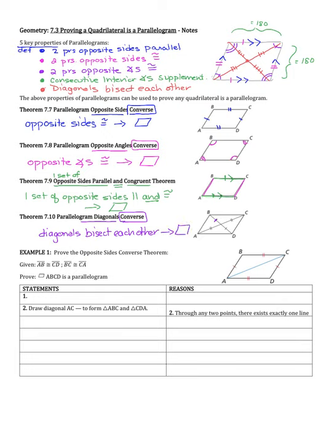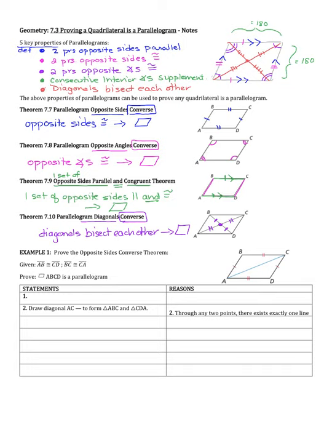So notice again, they're not congruent. That one is congruent to that. This one is congruent to this, but not all four are congruent. And this point where they intersect will end up being the midpoint of both diagonals.